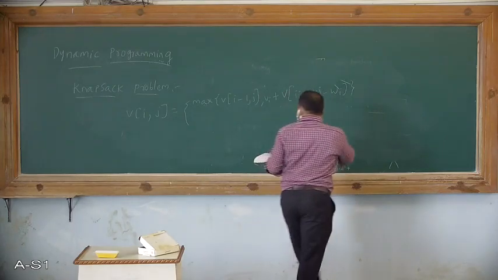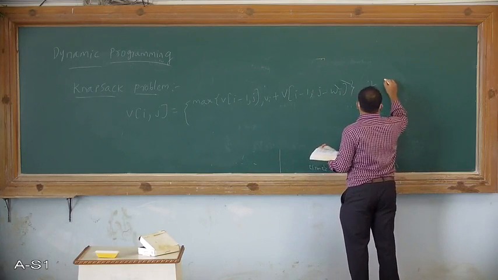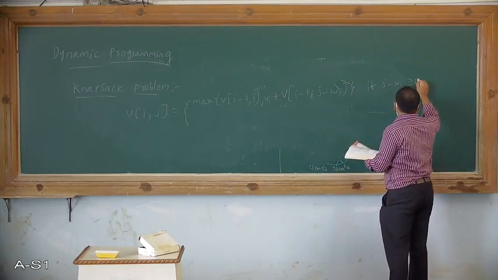So this formula is applicable if j minus wi is greater than or equal to 0.